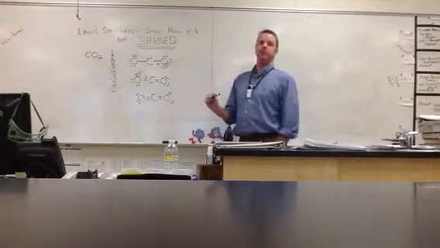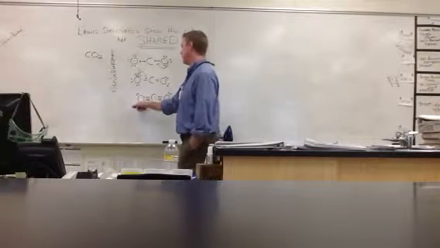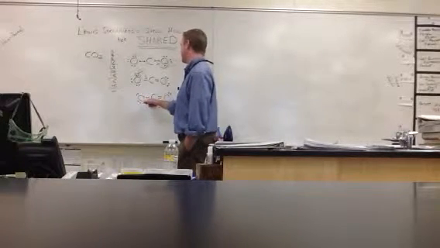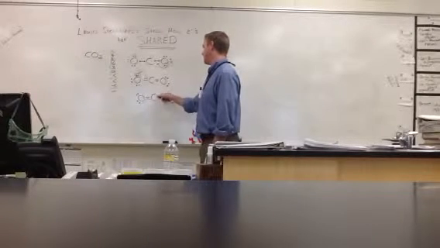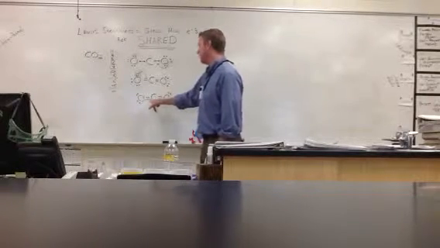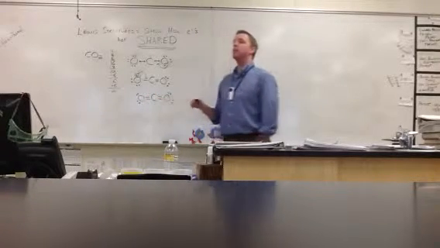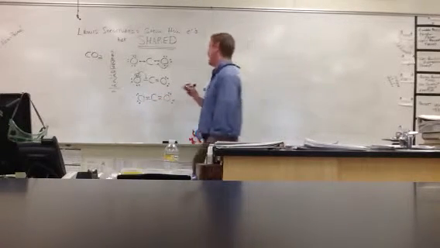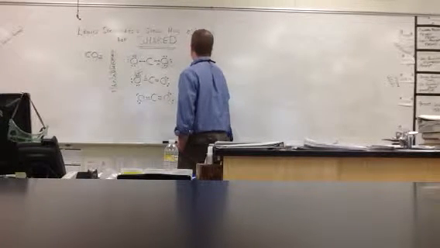Now, is everybody happy? Yes. 1, 2, 3, 4, 5, 6, 7, 8, oxygen's happy. 1, 2, 3, 4, 5, 6, 7, 8, oxygen's happy. Carbon, 1, 2, 3, 4, 5, 6, 7, 8. Carbon is happy. Now you just got to ask yourself about the VSEPR.